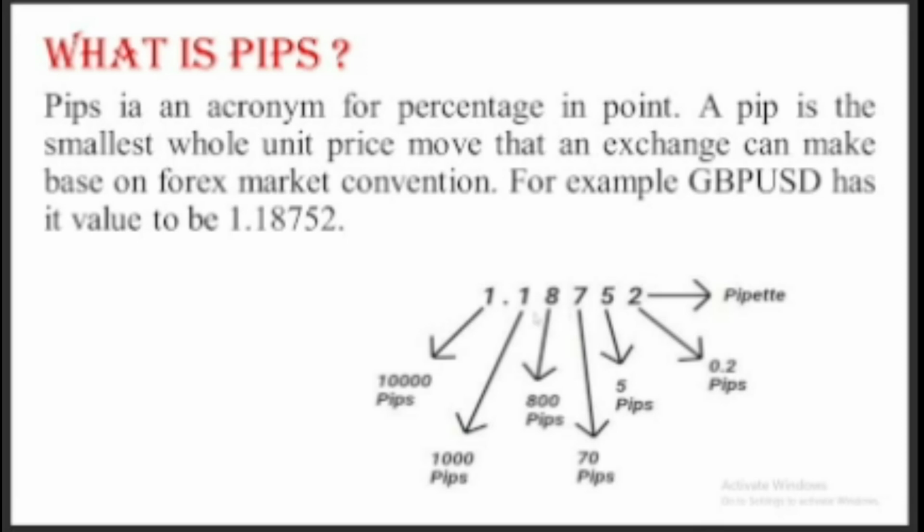So when we look at this in pips calculation, in a currency pair like this that has a single whole number before 5 decimal places, the way we calculate pips on this one is different from a currency pair with three whole numbers before the decimal point. In a currency pair like the CHF JPY, that is the Swiss franc against the Japanese yen.